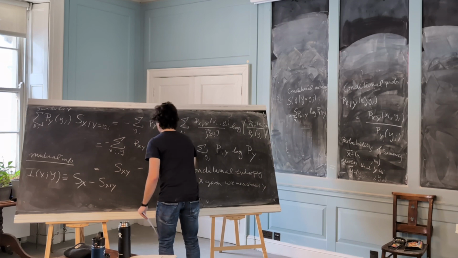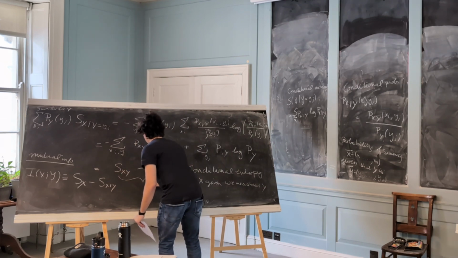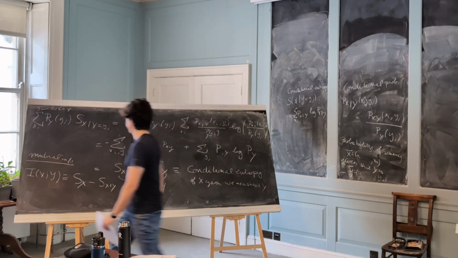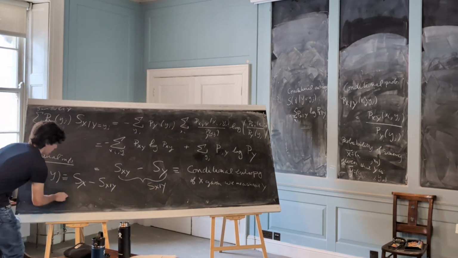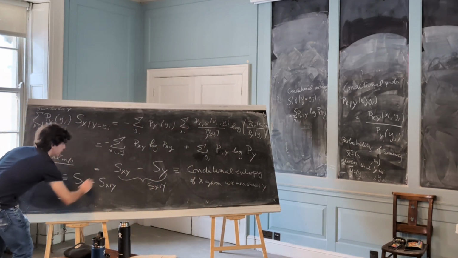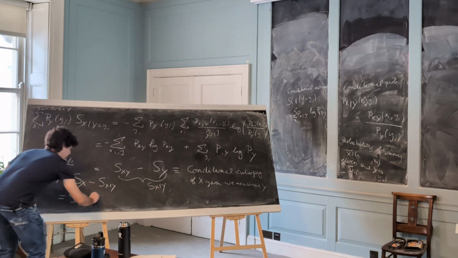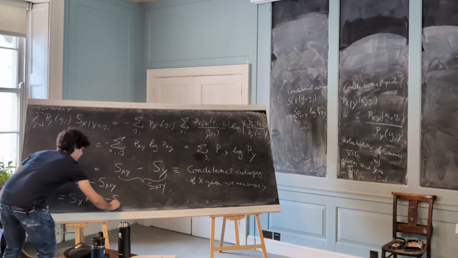And I should have written that I call this guy S_x. So if we just write this down, it is S_x plus S_y minus S_xy.